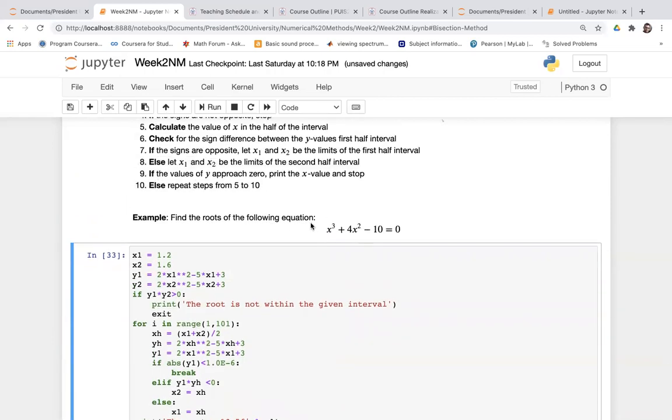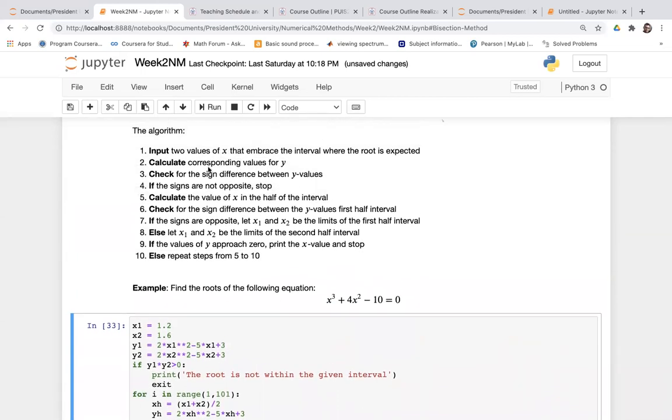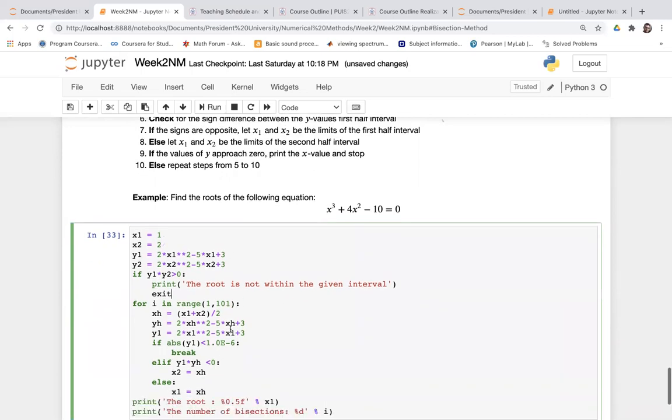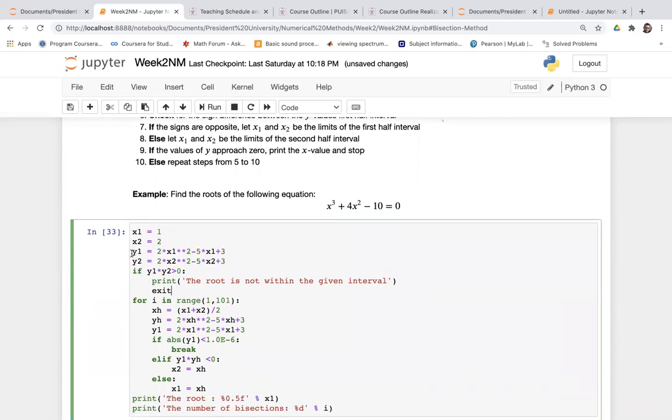Okay, find the roots of the following equation. Now, input the two values of x. We have x1 or a1 here. In our previous example, x1 is 1 and x2 is 2. Then you need to calculate the corresponding value, y1 or fx1, or fa.